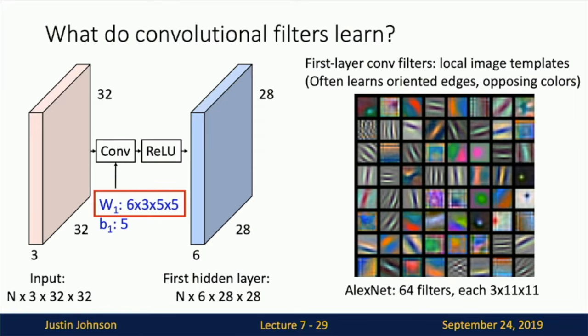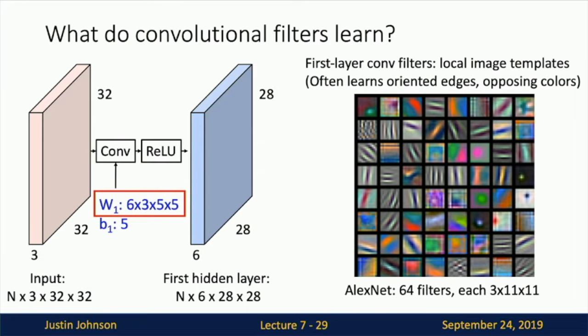These filters from AlexNet are very typical of what you tend to expect to learn in the first layer of a convolutional network. We can see that many of these filters learn something like an oriented edge detector, maybe detecting horizontal edges or vertical edges in different orientations and with different frequencies. So they look sort of like local edge detectors or local wavelets.